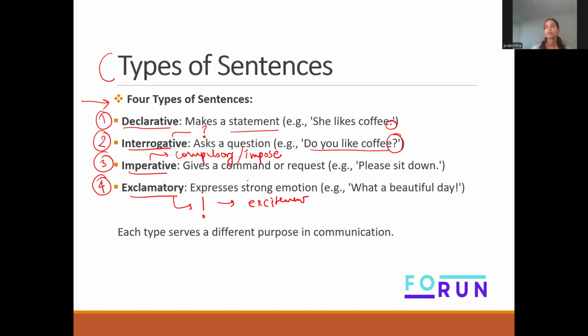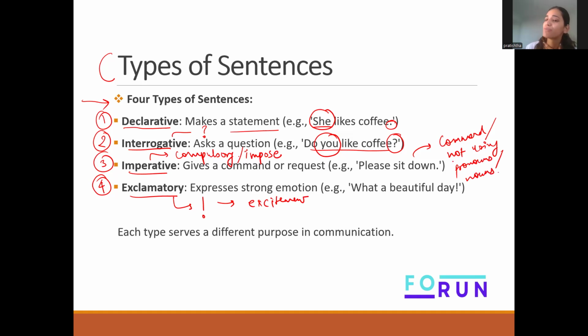Imperative is, so what happens in an imperative is, now everywhere else you will see that there is a subject, right? So here she is a subject. Do you, we are talking about you, that's a subject. Usually in an imperative sentence, you are giving a command, but you are not using any pronouns or even nouns for that matter.